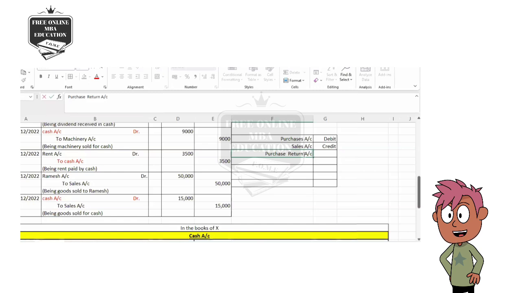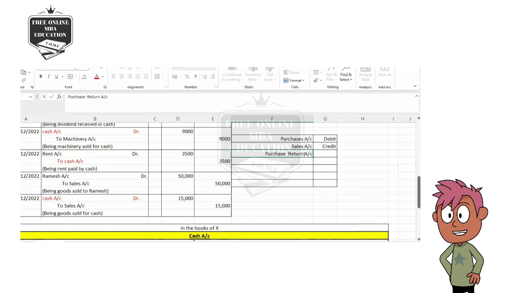Say from Mr. X, we have purchased goods worth rupees 50,000. Now, for some reason, I don't require all of those goods. I want only 20,000 of goods, and I want to return the rest of 30,000.